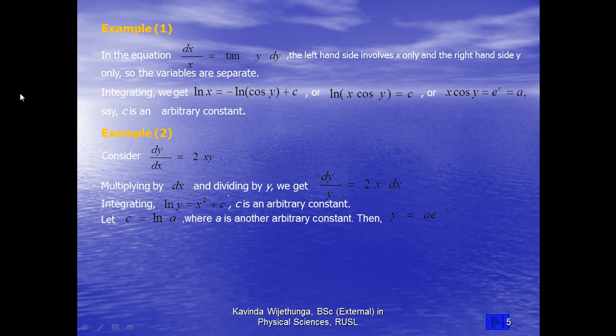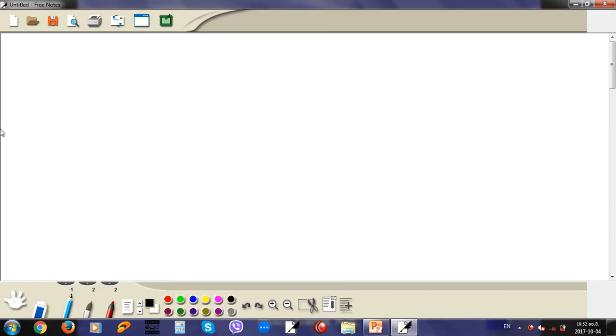So example 1: dx over x equals tan y dy.